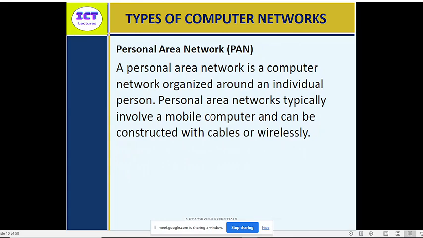We also have the other type of network, which is the personal area network. As the name suggests, this is a network that allows you to share information at a very close range, like Bluetooth. When you share information using Bluetooth, that means you're using a personal area network.